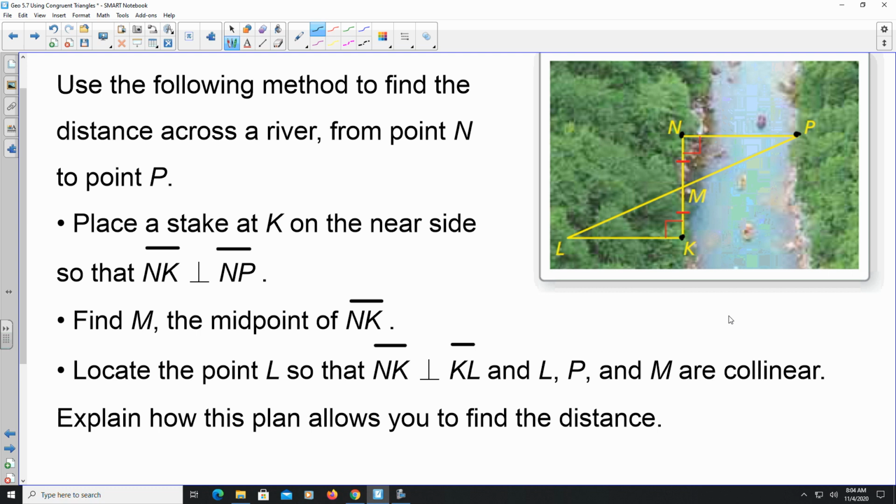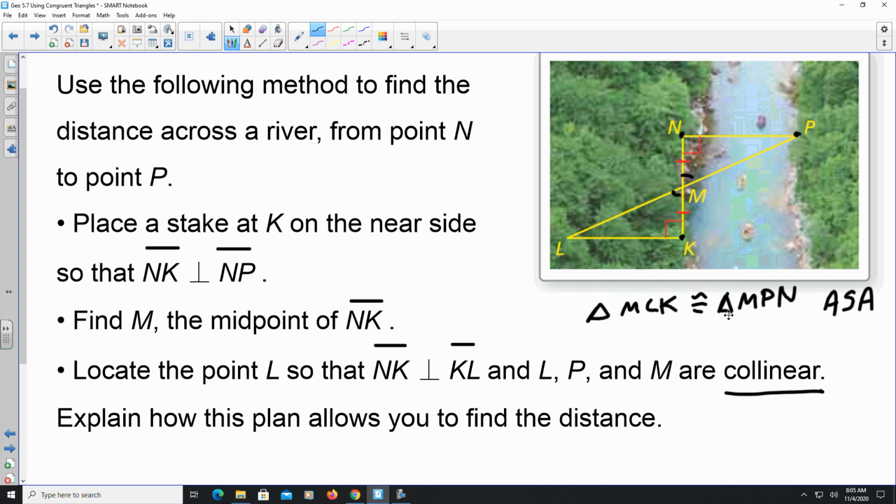So we know that angle K and angle N are congruent because they're both right angles, and we know that MK and NM are congruent because of the definition of midpoint. All right, then because they are collinear, I know that this angle here and this angle here are congruent because of vertical angles. So we can make the conclusion that triangle MLK is congruent to triangle MPN because of angle side angle.